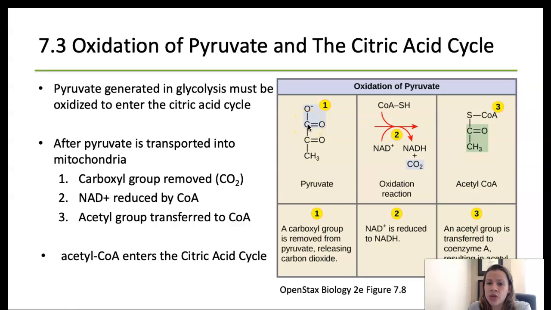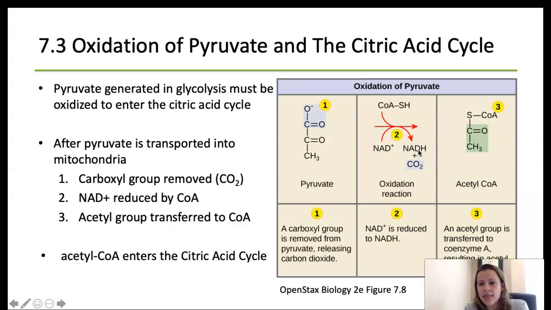That's CO2. So if we remove that CO2, then it can be released. That CO2 is released. And then we have something called coenzyme A that will reduce NAD plus to NADH. So it's donating an electron to NAD to become NADH.